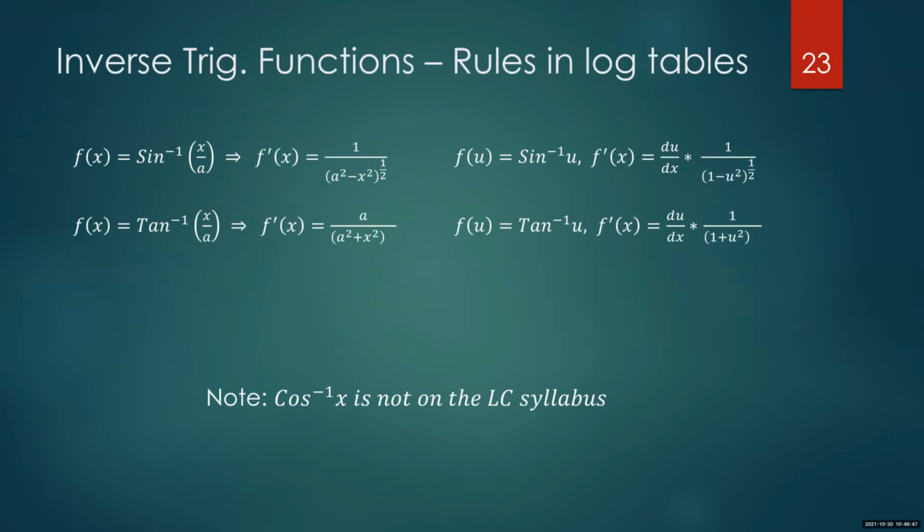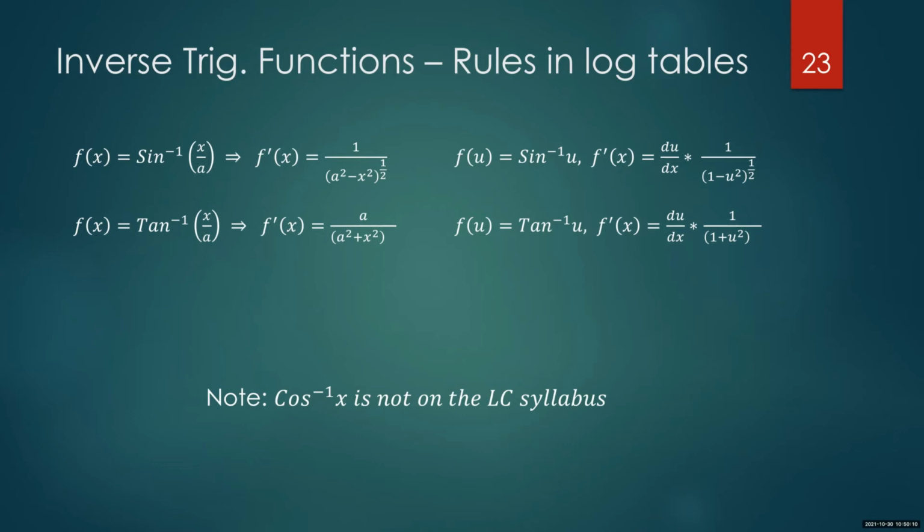So we also have inverse trigonometric functions, and here are the rules for those. The sine minus 1 of x over a, you read that as arc sine or inverse sine of x over a.